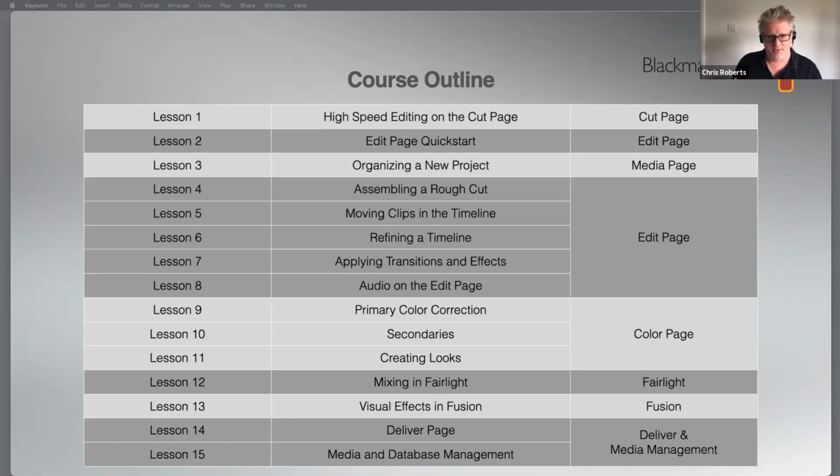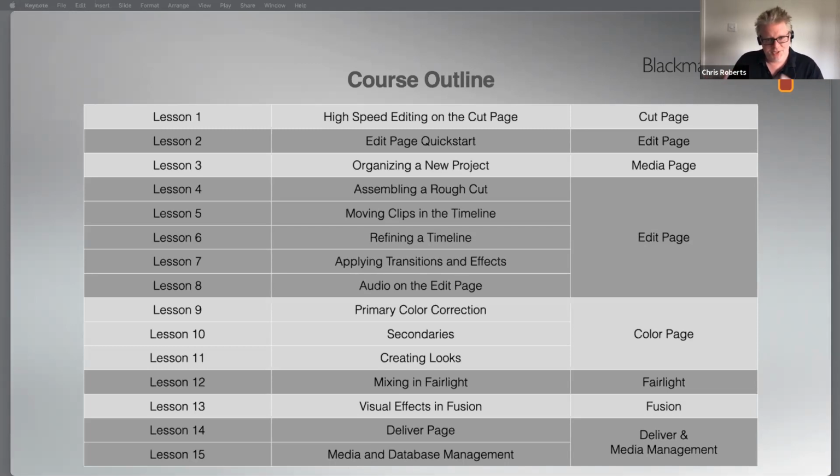So hopefully you can see that the first few lessons are dealing primarily in the cut, the media, and the edit page. When we get to lesson 8, lesson 8 is the lesson where we do markers, put markers in, and do all of the syncing of the sound effects and mixing audio levels for airplanes on the edit page.